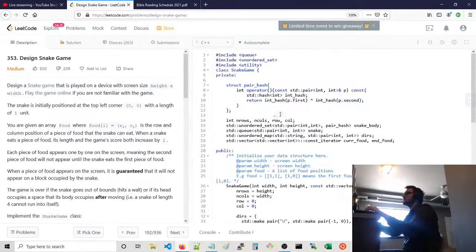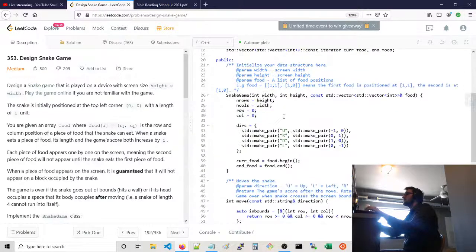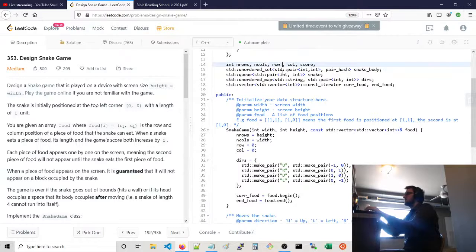Now we have a score as well. I think you could initialize these as 0 without a problem. I think you're allowed to do that.